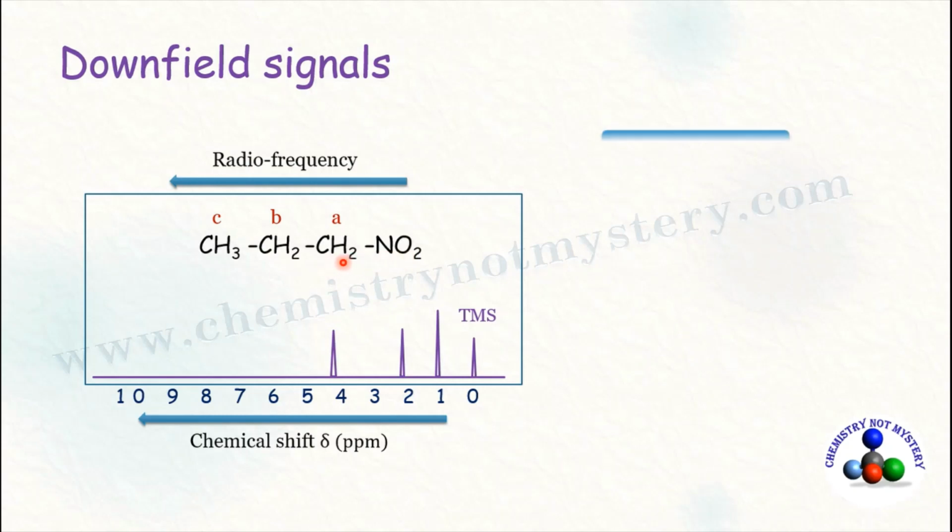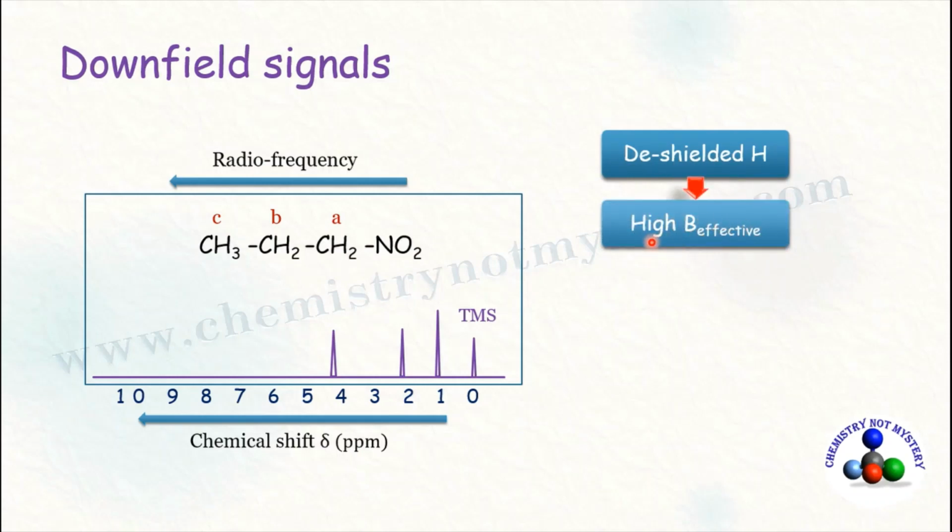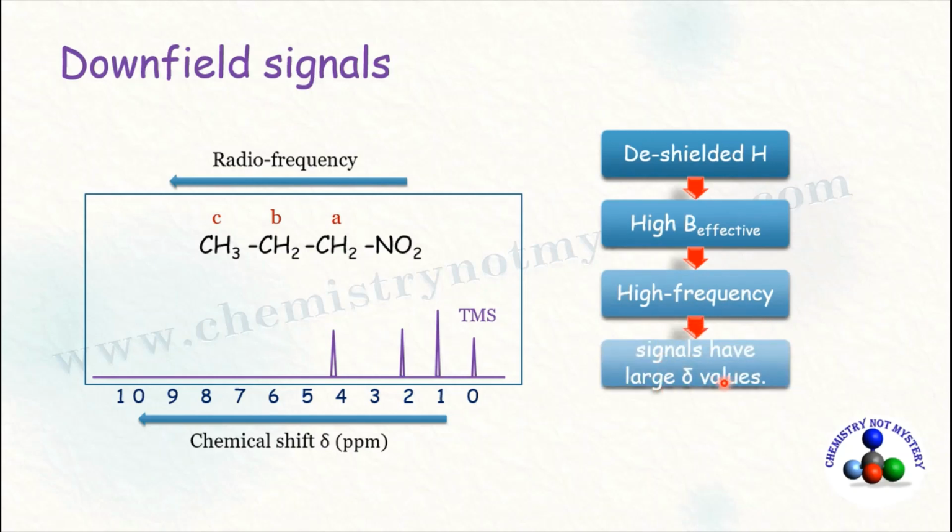That's why these protons are deshielded, as they experience higher B effective. Due to higher B effective, the energy difference between their alpha and beta spin state is high. That's why they require higher frequency to flip their spin, and their signals occur at higher delta value. Such signals are called downfield signals. So the signal observed at higher delta value corresponds to proton A.